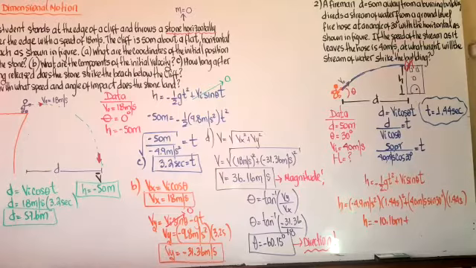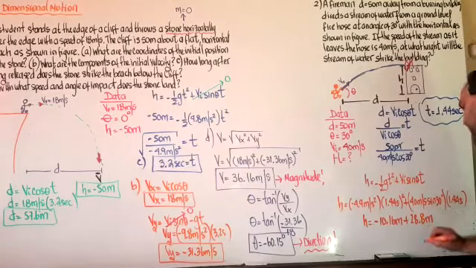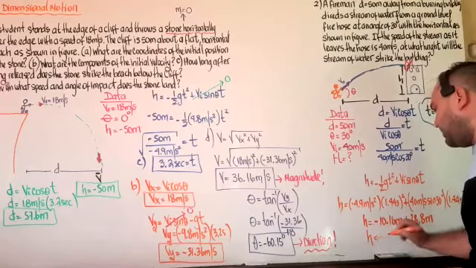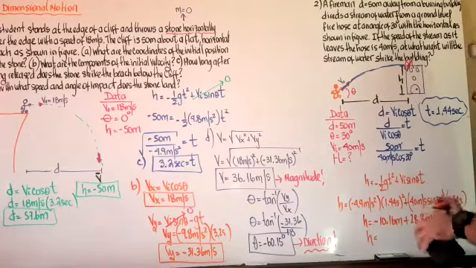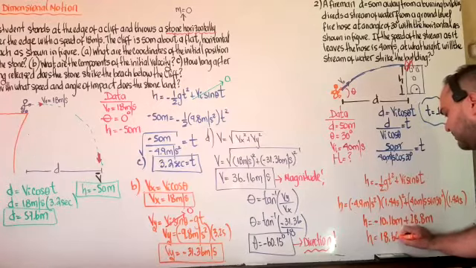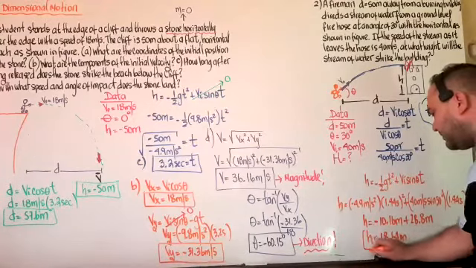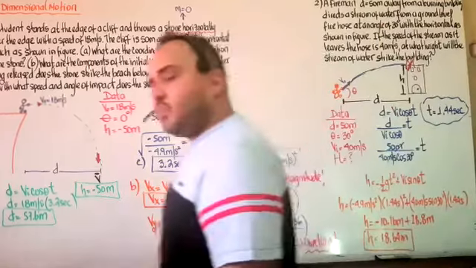The answer will be 28.8 meters. So the value for height will be negative 10.16 plus 28.8. The answer will be 18.64 meters. And that's it. That's going to be the solution of problem number 2.